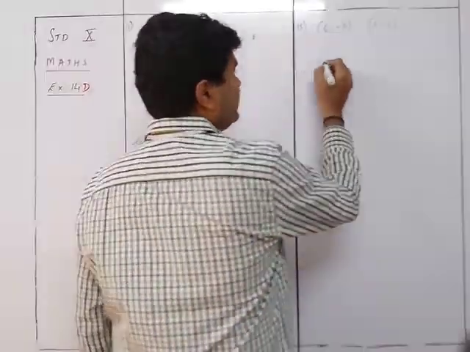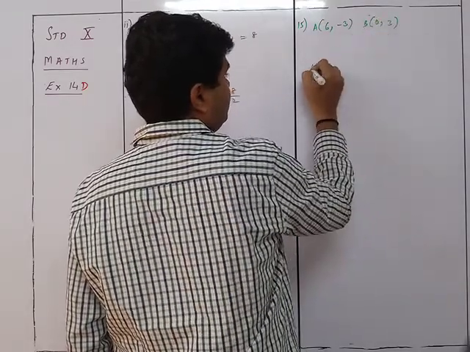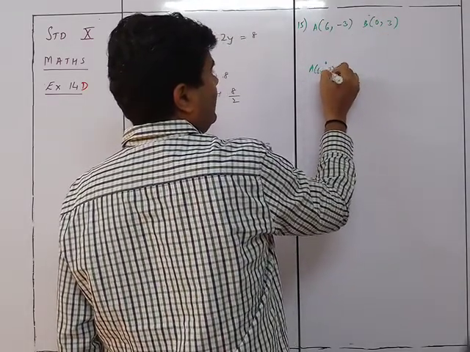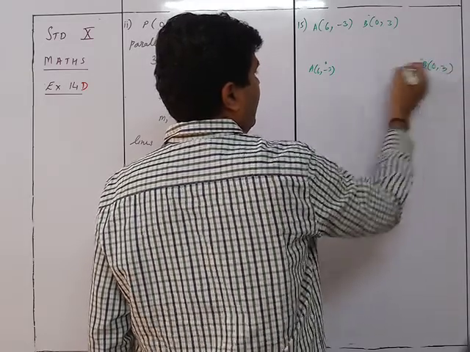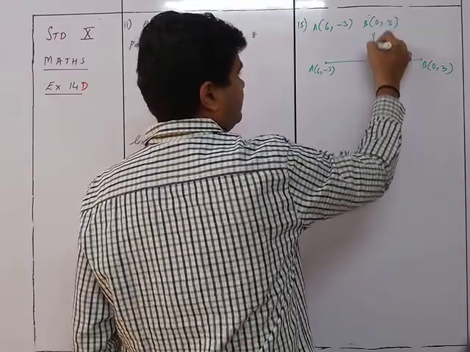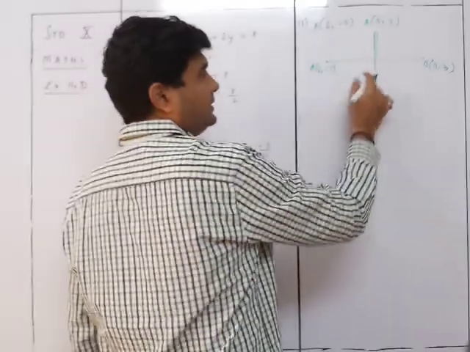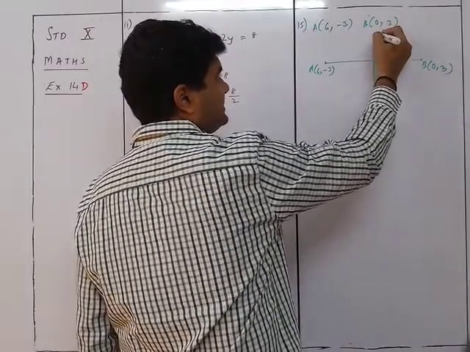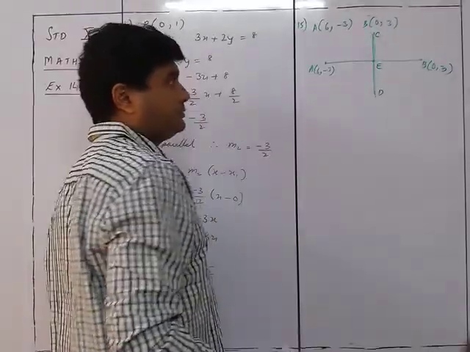That means if this is A and B, so this is A which is 6 comma minus 3 and there is one over here which is B which is 0 comma 3 and there is this line, and you want the equation of the perpendicular bisector. If I consider that line as CD, I want the equation of CD.